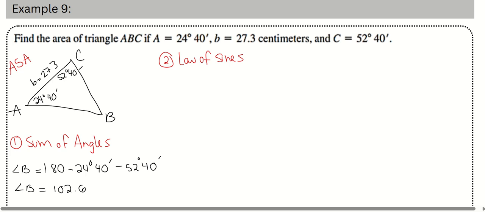If you wanted to find all the sides, then you can use Heron's formula, but that's a little bit too much because you have to find the semi-perimeter first. So it's annoying. All right, law of sines, we have little b over sine of b, and we'll just find a.